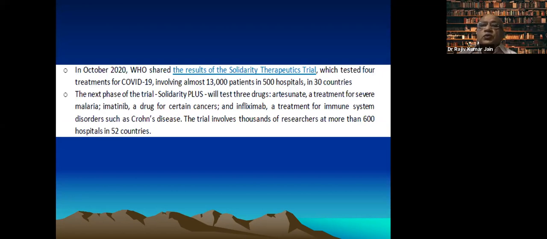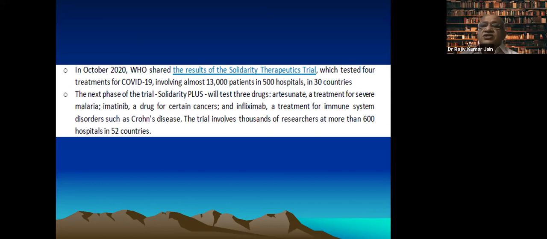In October 2020, WHO shared the results of the Solidarity Therapeutics trial, which tested 4 treatments for COVID-19, involving almost 13,000 patients in 500 hospitals in 30 countries. The next phase of the trial, that is Solidarity Plus, will test 3 drugs. What are those drugs? First is artesunate, a treatment for severe malaria.